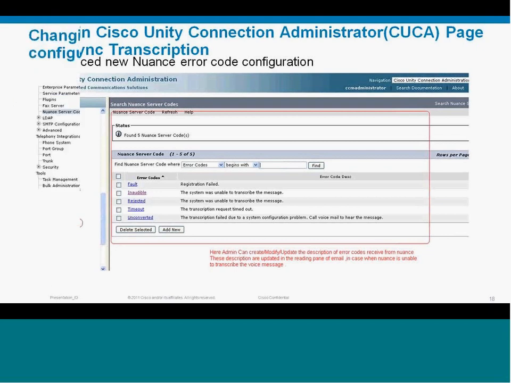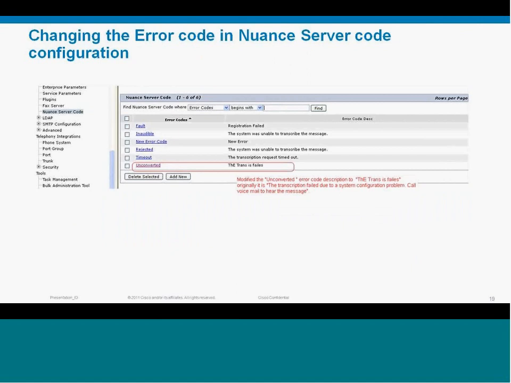So moving on to the next slide. Here we are changing the error code and corresponding error code descriptor and seeing whether that will be reflected on Exchange or not. Here the error code is unconverted and the error code descriptor is "transit failed".